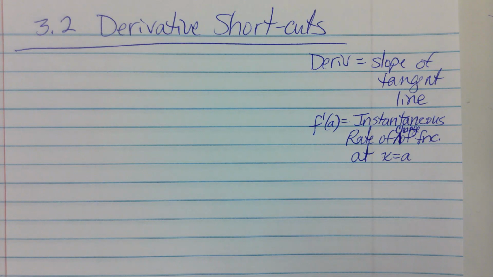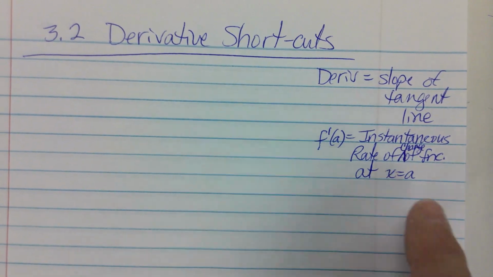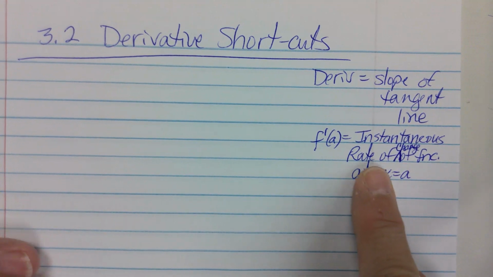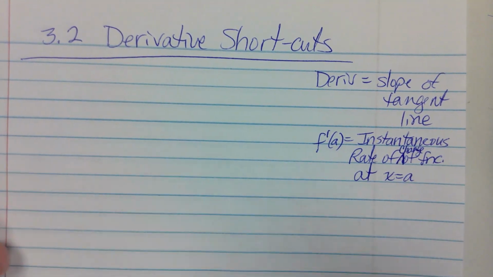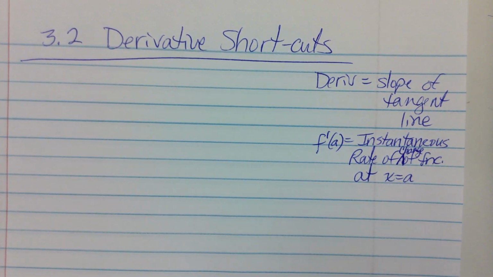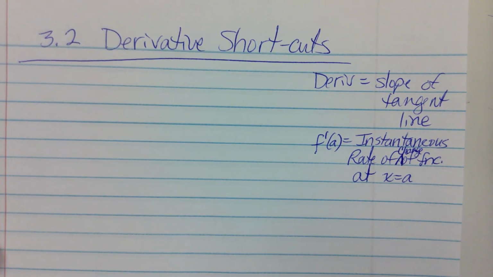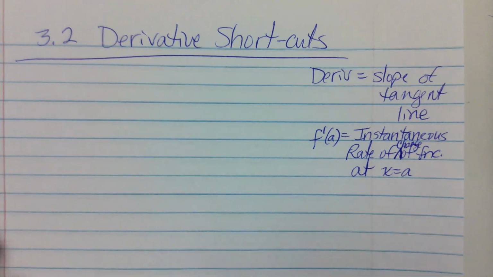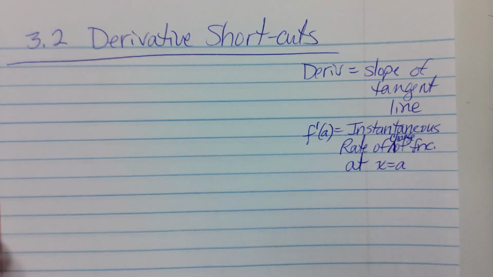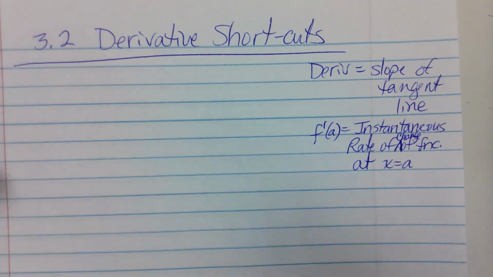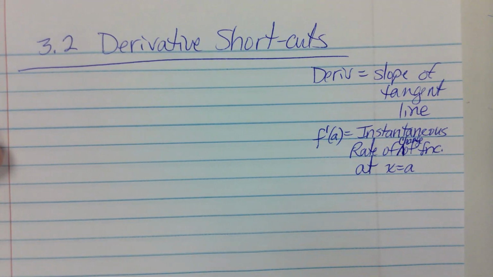Anyway, so that's the instantaneous rate of change of the function at a single number. And many times they won't even use the word instantaneous. They'll say, what's the rate of change at x equals 2? It's one x value. That's a derivative. Find it. Use one of these shortcuts and be happy with yourself.